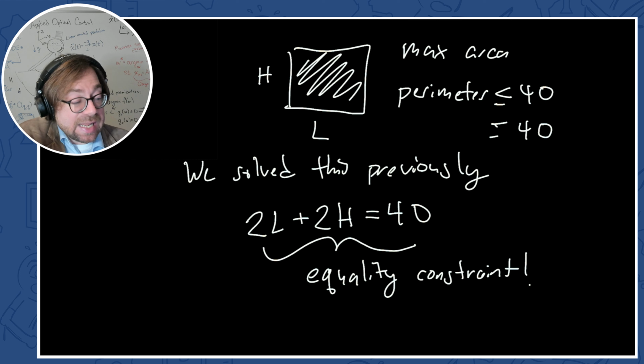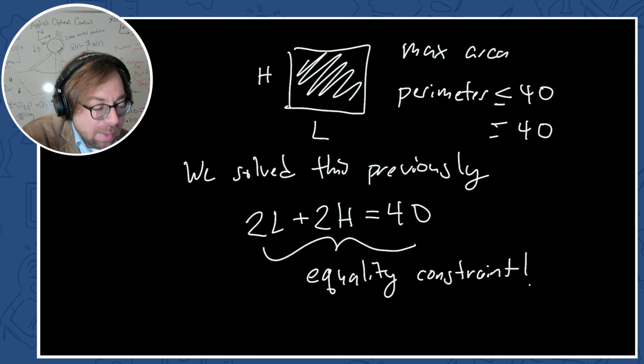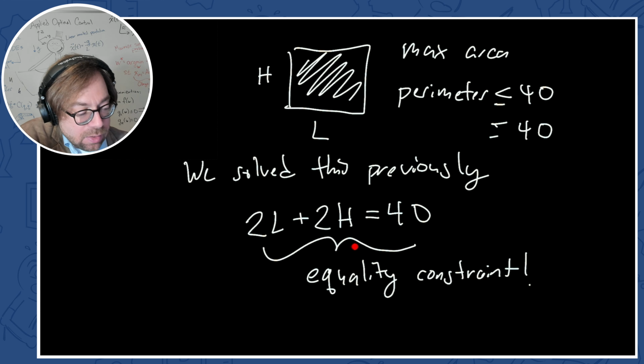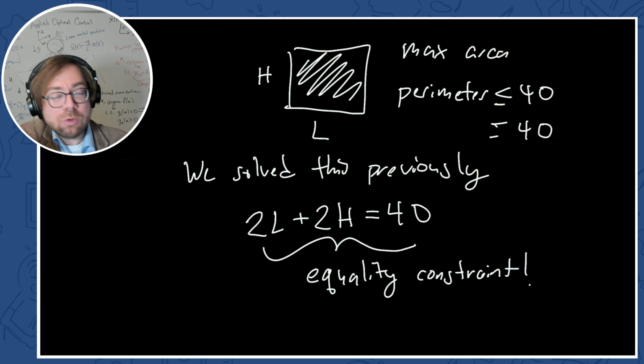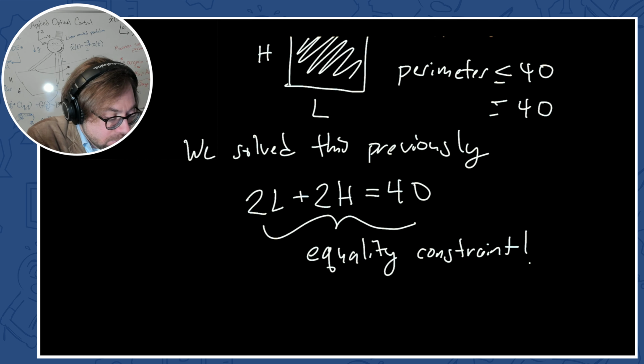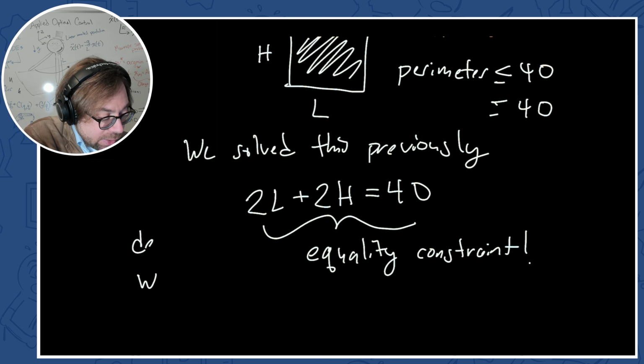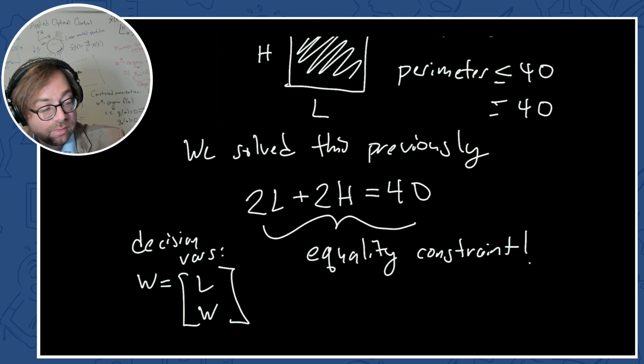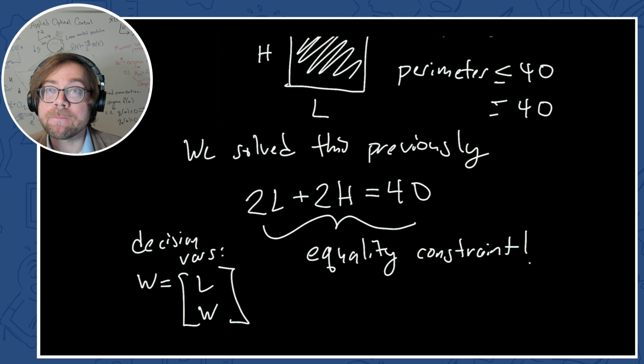So if this is an equality constraint, that means I have a relation relating my two decision variables, which relates length and height to each other, right?